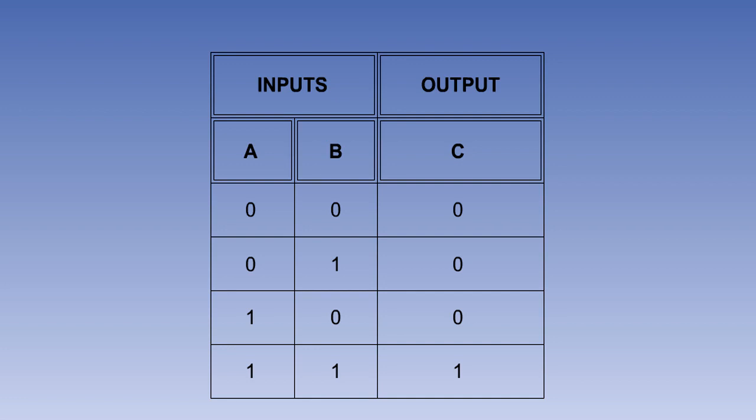Truth tables are a systematic means of displaying binary data. They illustrate the relationship between a logic gate's inputs and outputs. This type of data display can be used to describe the operation of a gate.